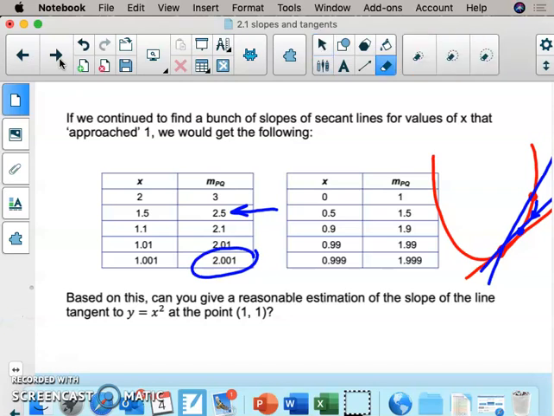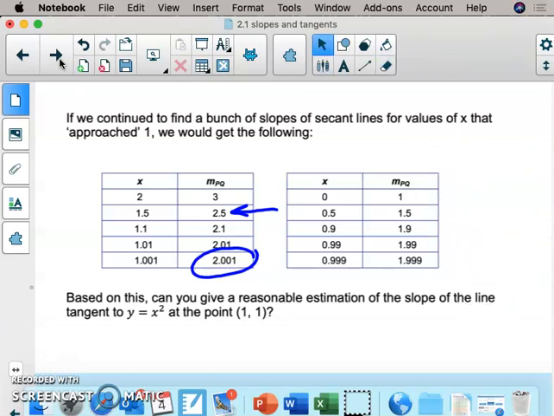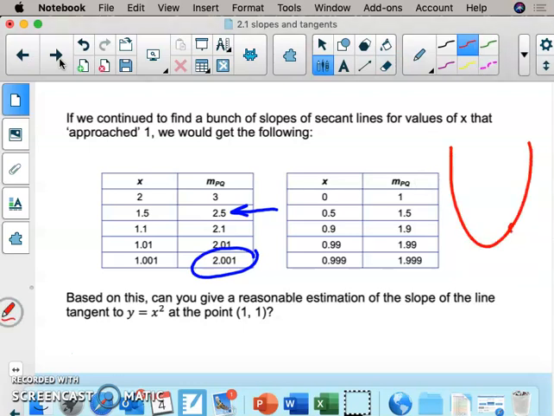Nobody said that you had to go from the right-hand side. We could do slopes from this direction and find the slope between those 2 points. So now if we move this point closer to our point of tangency, like 0.999, we get a slope of 1.999.